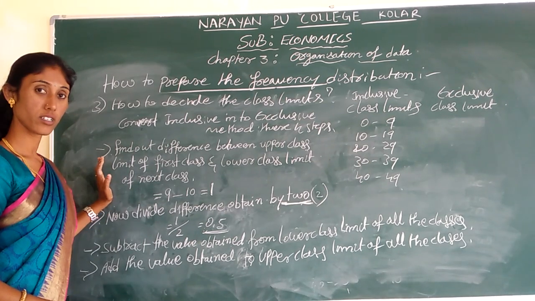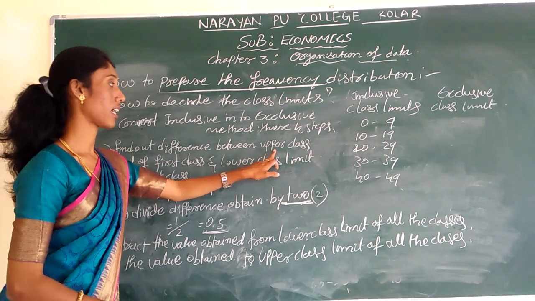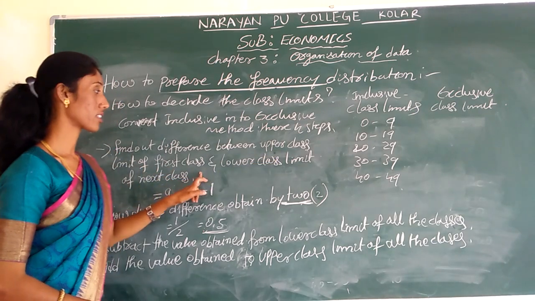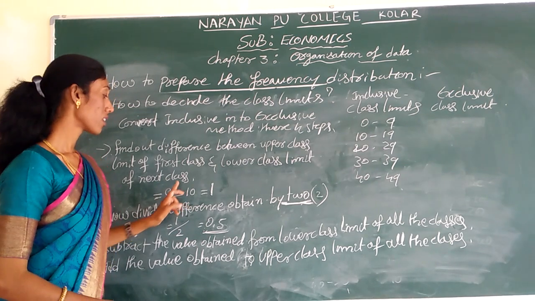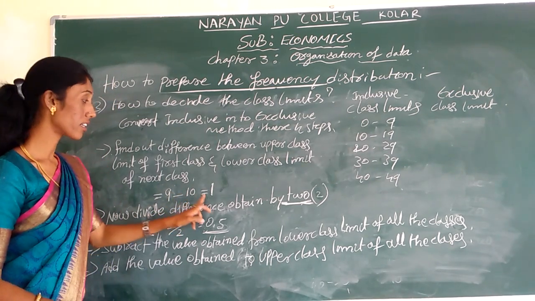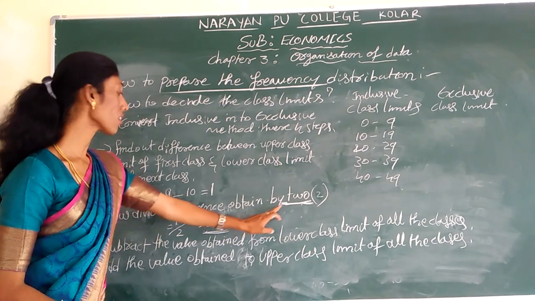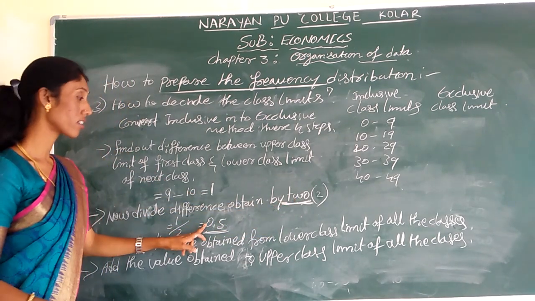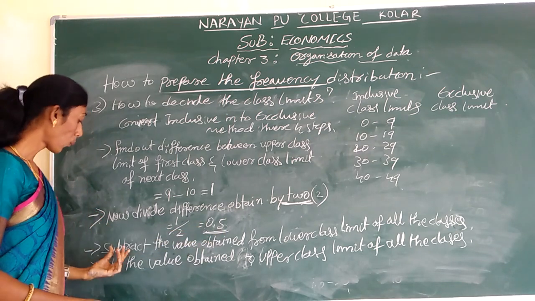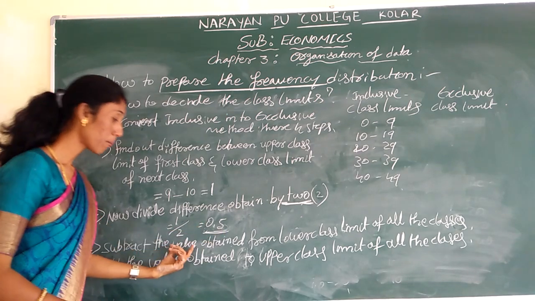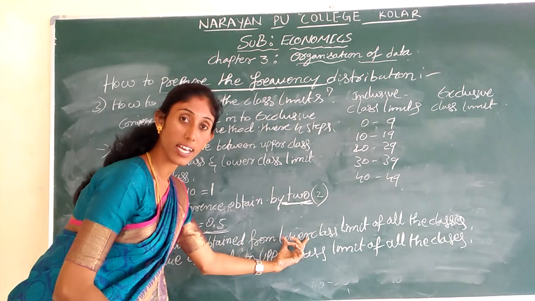Once again, you need to understand this clearly. Find out the difference between the upper class limit of the first class and the lower class limit of the next class. After finding the difference value we should divide it by 2. And after finding this value, we need to subtract the obtained value from the lower class limit.